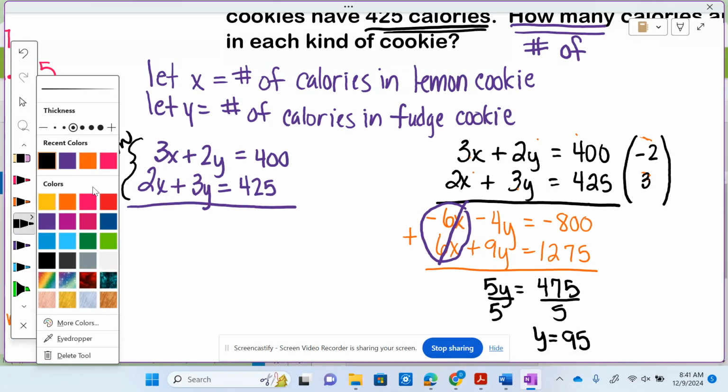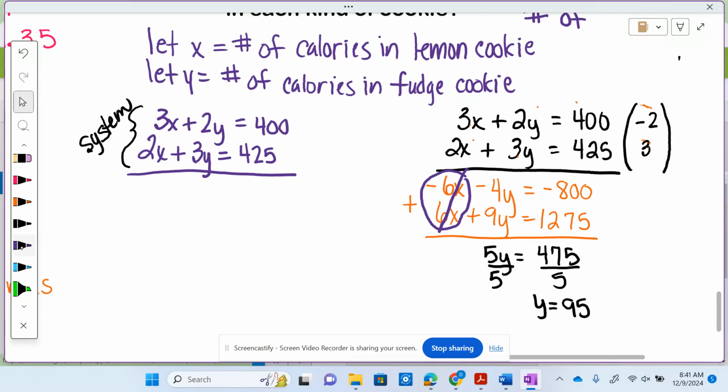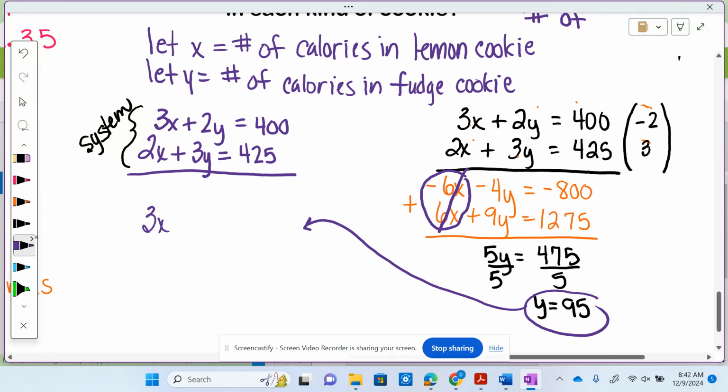How am I going to figure out how many calories are in a lemon cookie? Okay, so what equation do you want to substitute this into? Top equation. So 3x plus 2y equals 400. But we know that y is 95. 3x plus 2 times 95 equals 400.